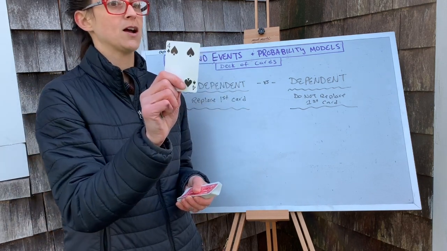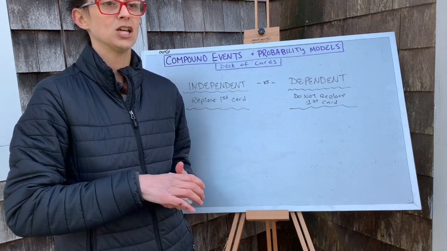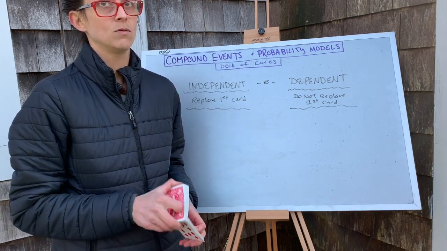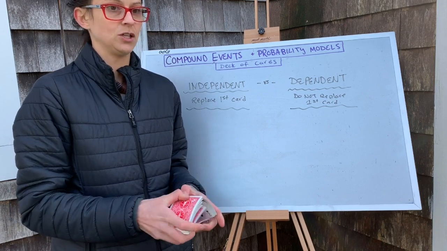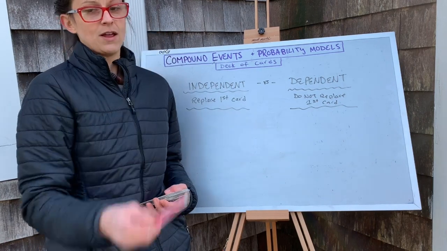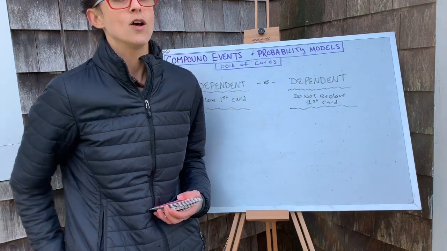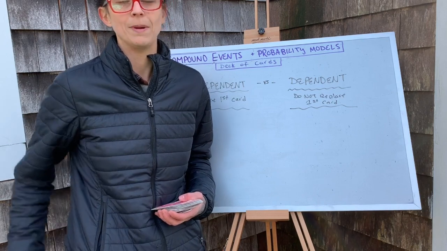We got our first black card. We're going to replace it. What's the chance of getting another black card? Well, it's still 26 out of 52. And it's red. There's an equal chance of getting a black and red card. We got it on the first draw, but not the second.